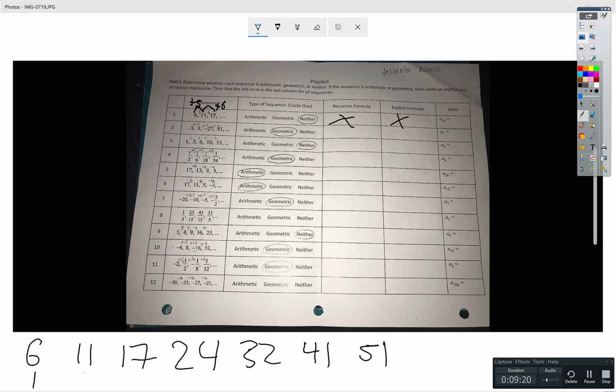So this is the first term, the second term, the third term, the fourth term, the fifth term, the sixth term, the seventh term, plus 11 for the eighth term, 62. The ninth term, 62 plus 12 is 74.